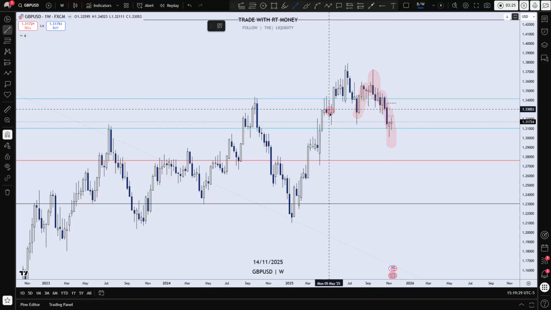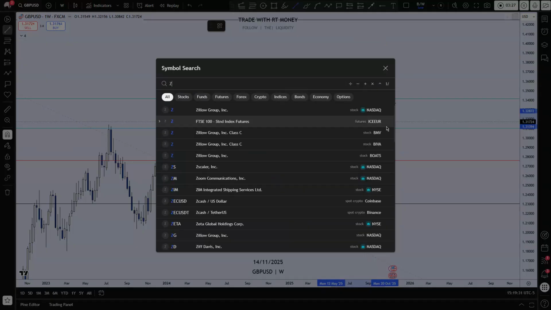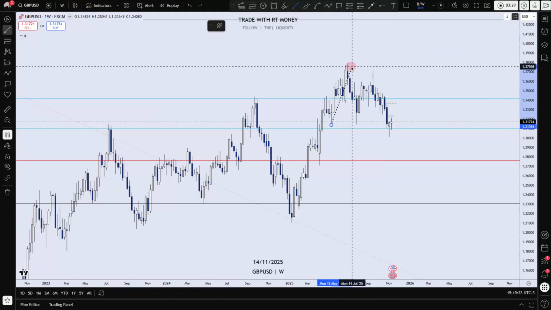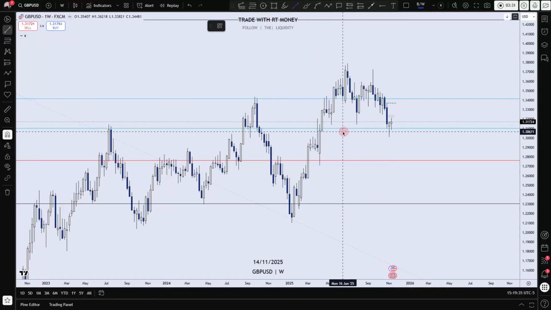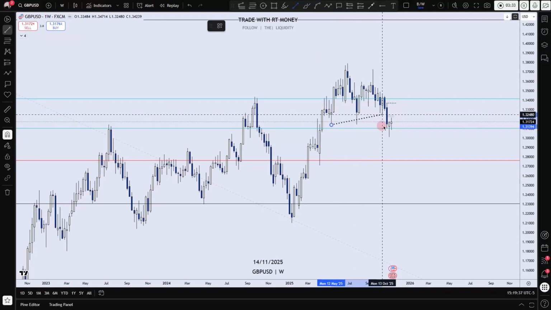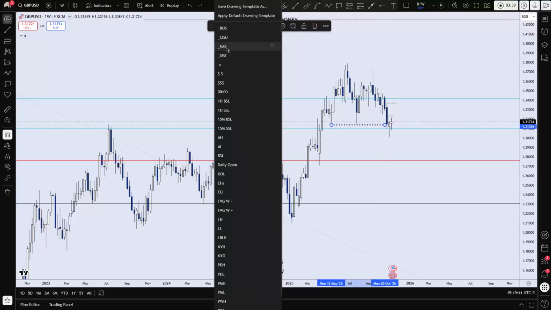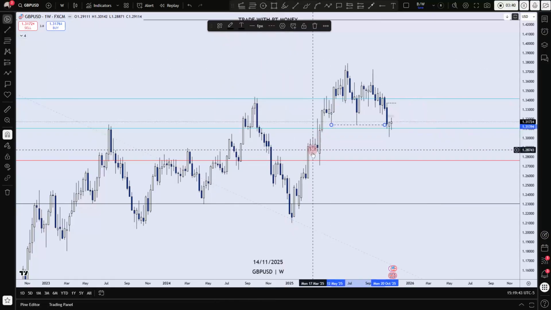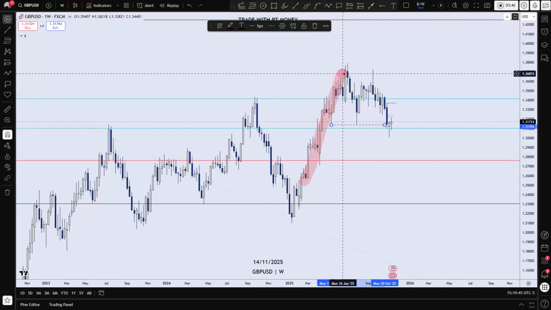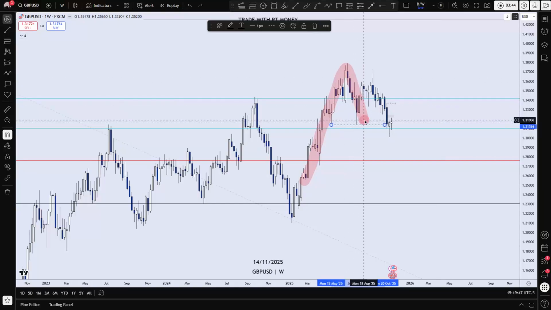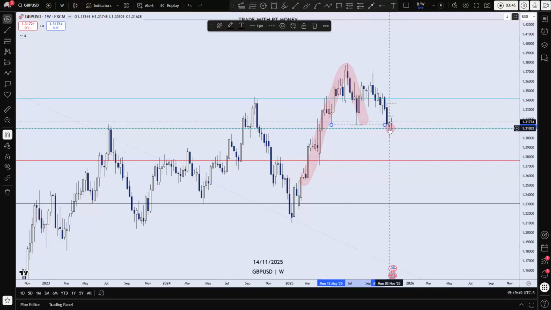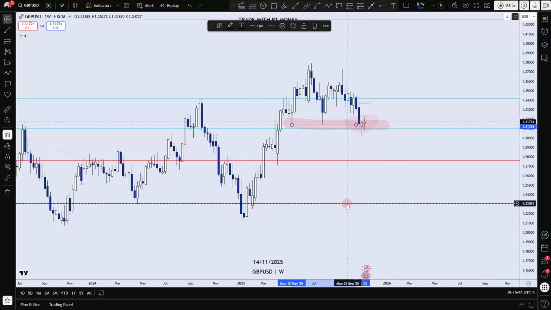This represents to me a shift in the market structure, a shift from bullish to bearish. But we do not have a definitive close, a strong close below these lows. And that's what I tend to look for.